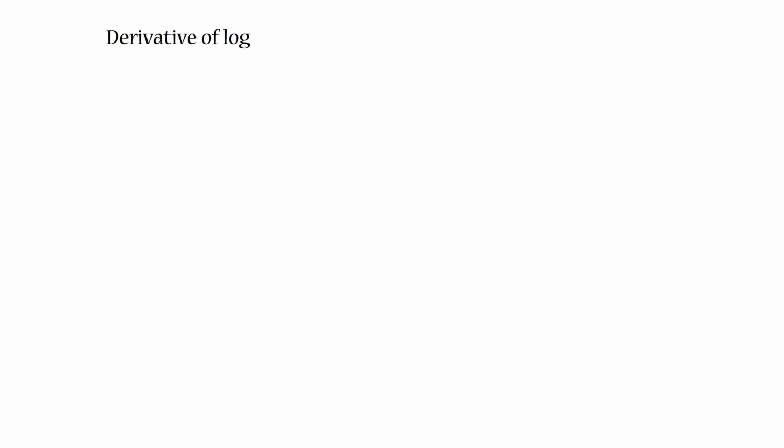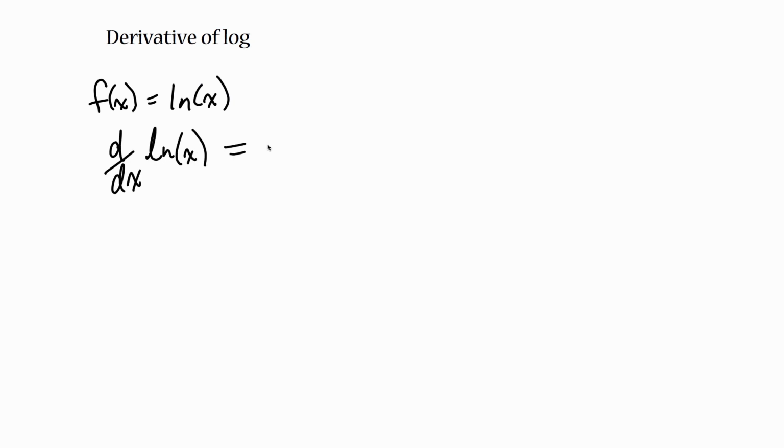Logarithmic functions show up quite a bit in population biology, so I'm just going to remind you of a couple of important derivatives to know. Say my function is the natural logarithm of x, ln for natural logarithm as opposed to log, which is vague. So the derivative of the natural logarithm is just 1 over x.